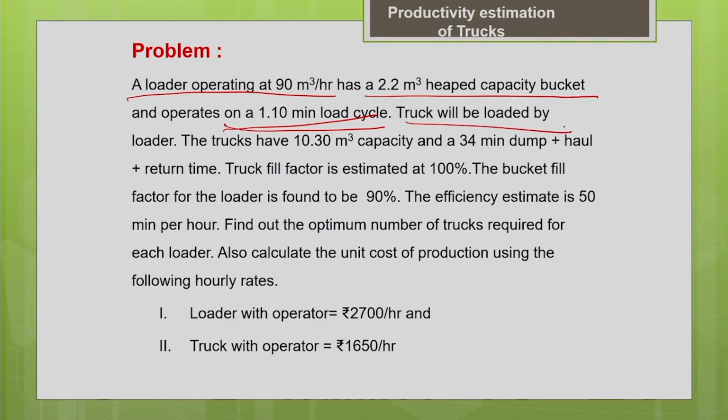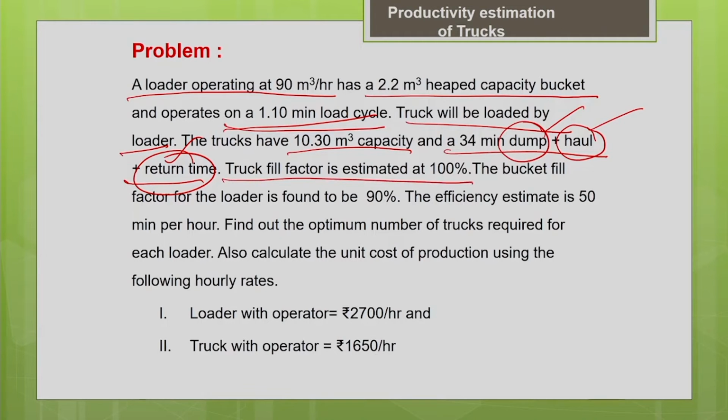The truck will be loaded by the loader, and the truck's capacity is 10.3 meter cube, with 34 minutes dump plus haul plus return time. Other than loading, the time needed for dumping, hauling and returning is given directly to you. If it is not given, then you have to go to the performance chart to find the haul time and the return time, and you can go by the manufacturer's data for the dump time.